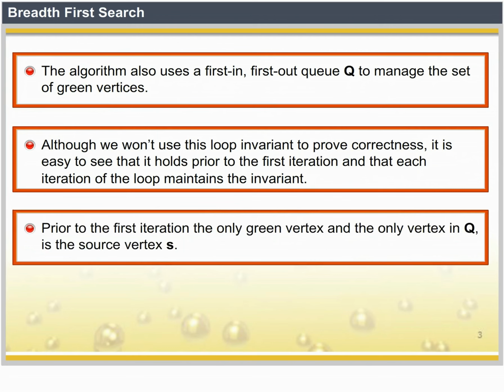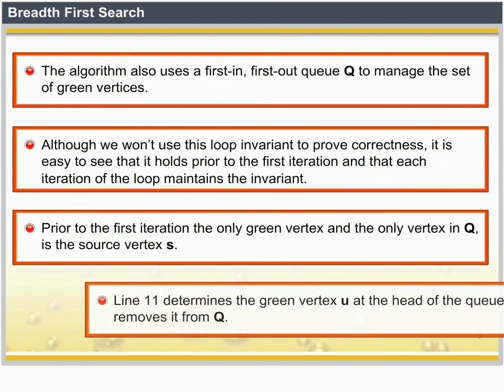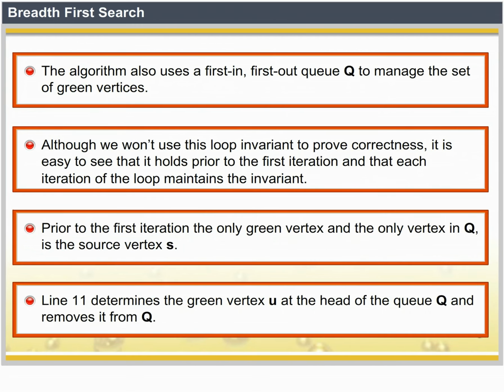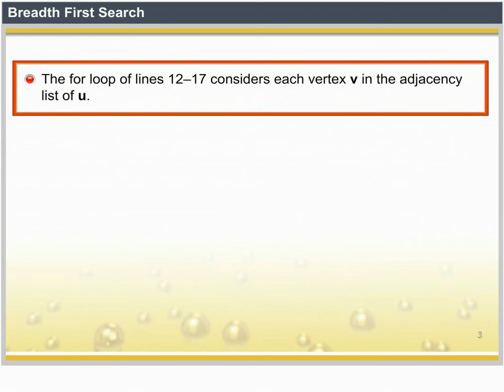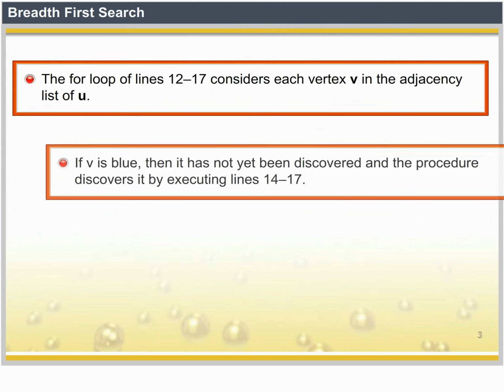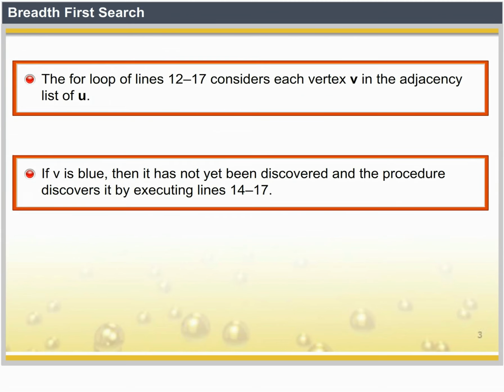Line 11 determines the green vertex u at the head of the queue Q and removes it from Q. The for loop of lines 12 to 17 considers each vertex v in the adjacency list of u. If v is blue, then it has not yet been discovered, and the procedure discovers it by executing lines 14 to 17.